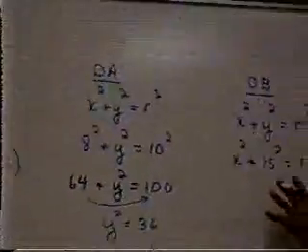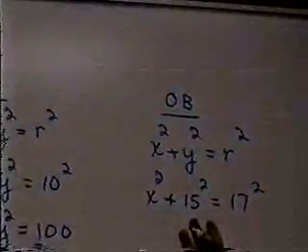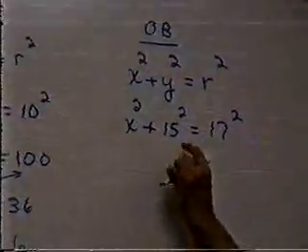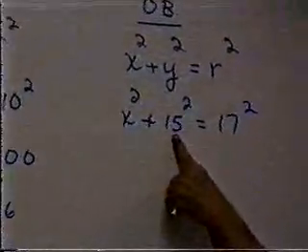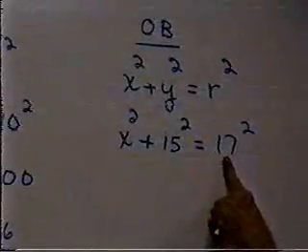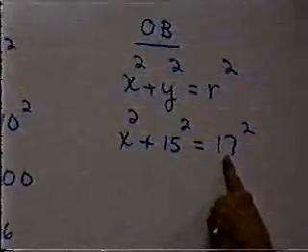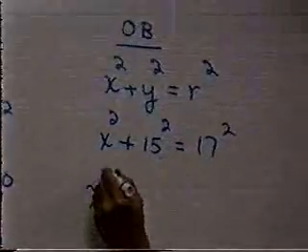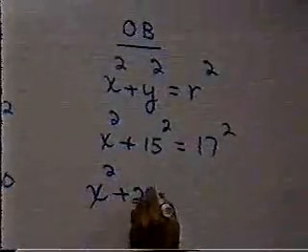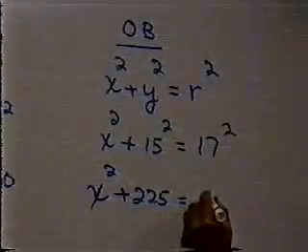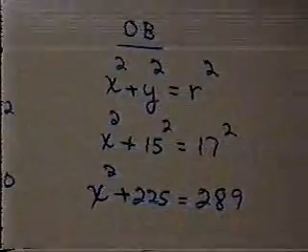All right, now let's go look at the arithmetic on it. So we're looking for the distance from O out to B. And we were given that the y was up 15 and the r out to the distance, radius vector, is 17. So we get x squared plus 225 is equal to 289.